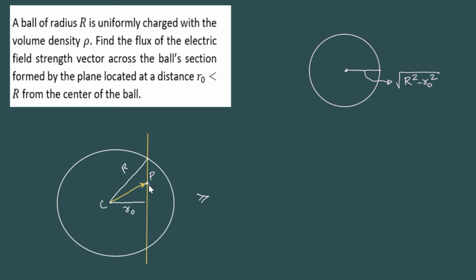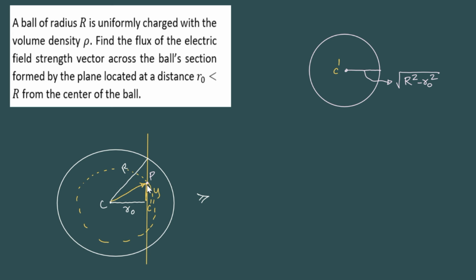You can imagine that you have a spherical region of radius CP, and the charge which is present within that region is going to provide an electric field at this point P. The charge which is outside that region is not going to provide an electric field. Let's say the center of this region that we are considering is C prime, and C prime P, let us take it as y.